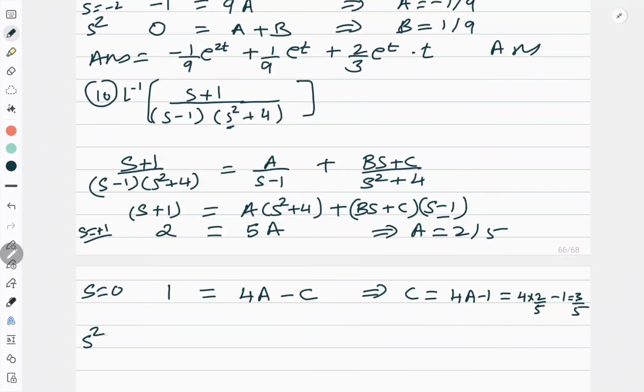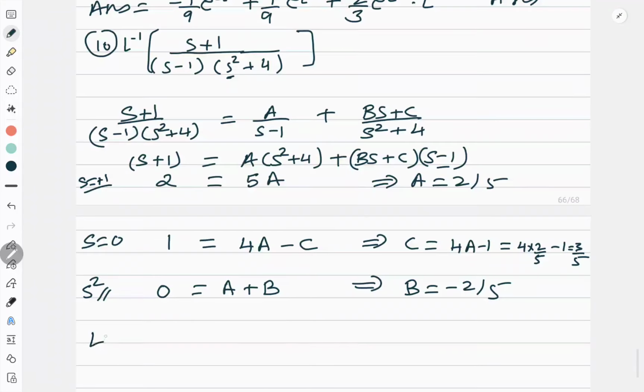Now, I will compare the coefficient of s square. So 0 is equal to A plus B. Since I know A is 2 by 5, B will become minus 2 by 5. Correct? Now let us put the values in the question. Laplace inverse of, what is A?